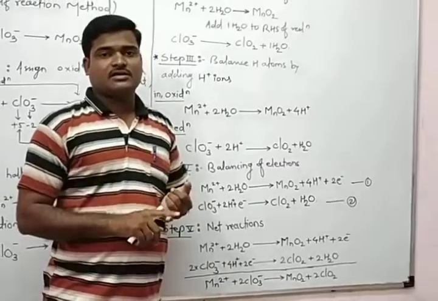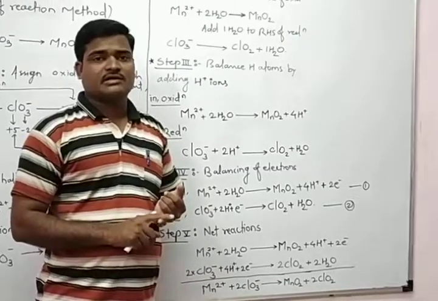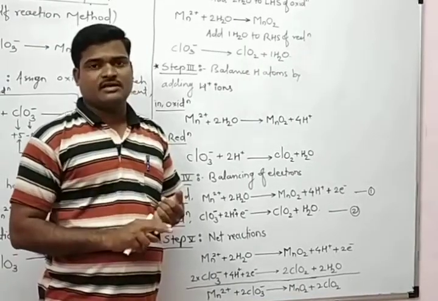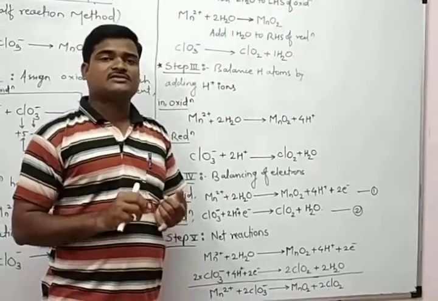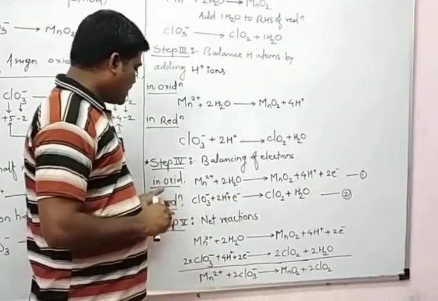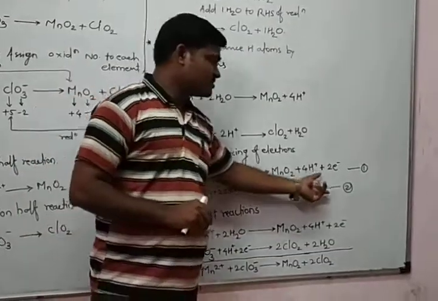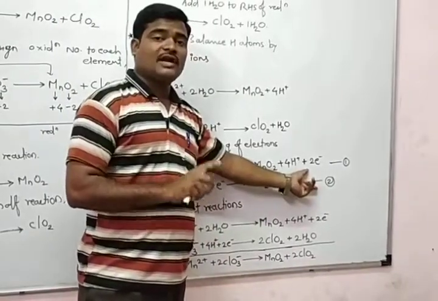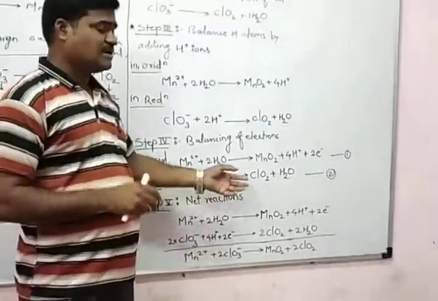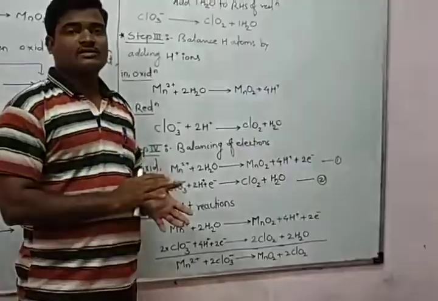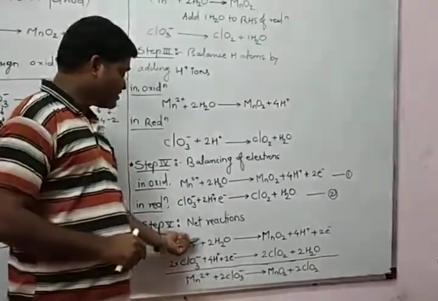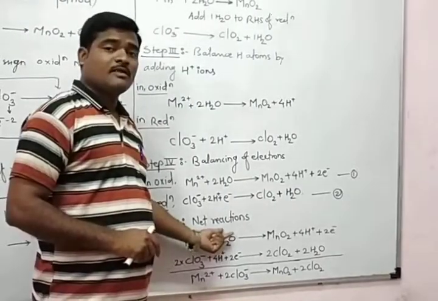We balanced the oxygen atoms, after that we balanced the H plus ions, and after that we balanced the number of electrons. So up till now we have written both these equations, but we have to write the net reaction.